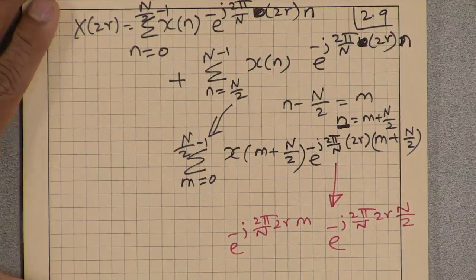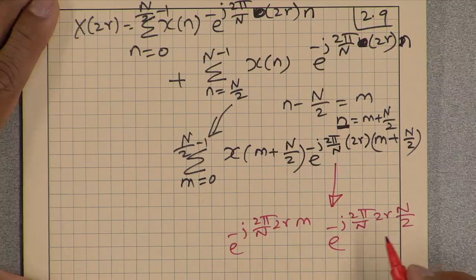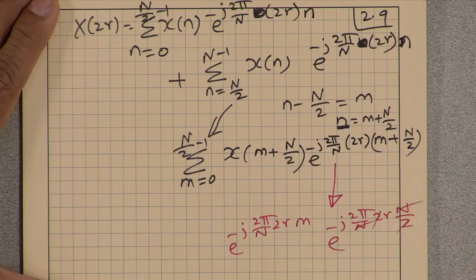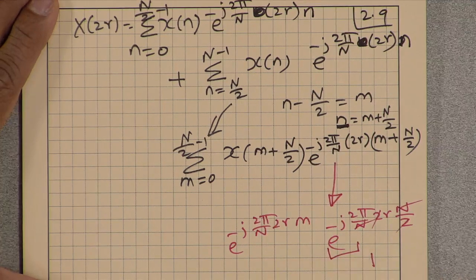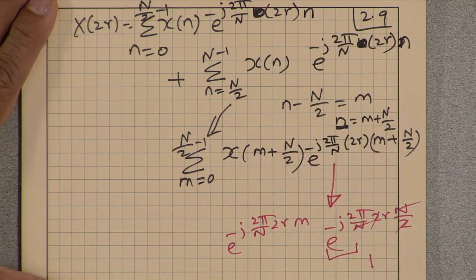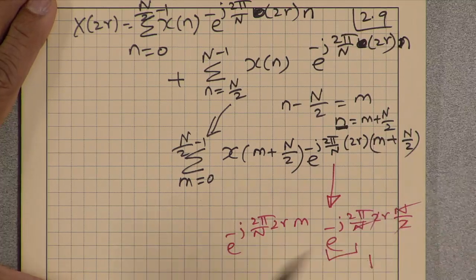So we take that and express that as two products, and let us see what happens. N cancels out, 2 cancels out, e to the power minus j 2 pi r is simply 1. So that's a complex exponential with r rotations around the unit circle clockwise. It doesn't matter if you take clockwise or anti-clockwise.